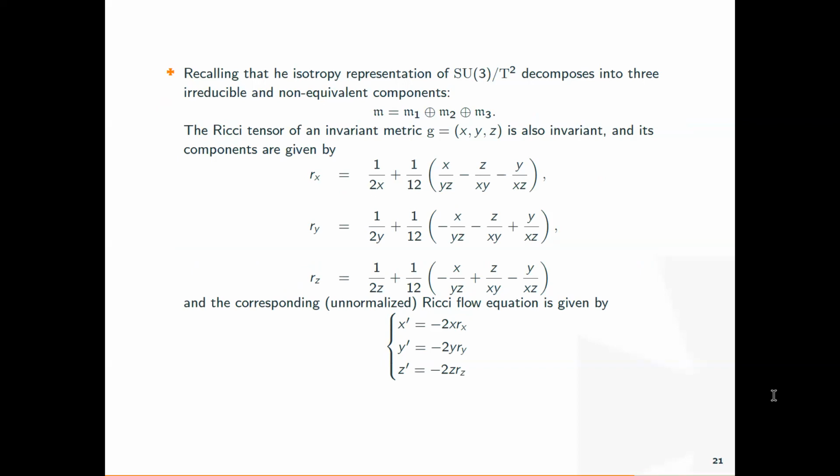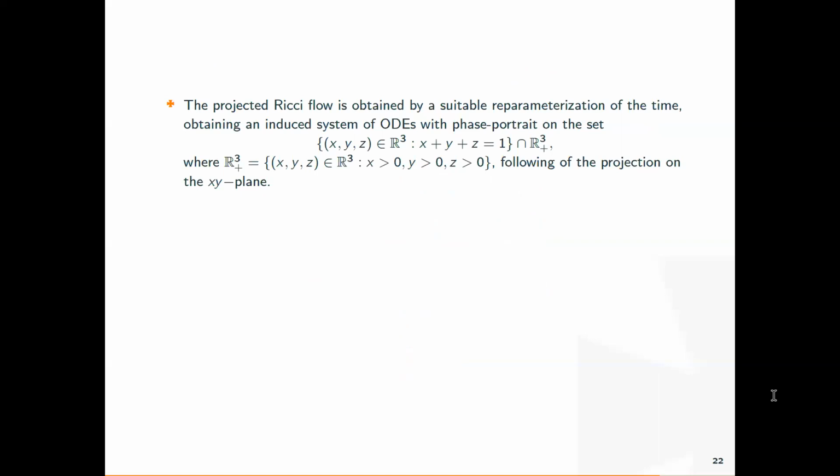So we are looking at a metric on the simplex, and we would like to understand: can we make a globally equivalent dynamical system on the plane by looking at the face of the tetrahedron? And that's possible to do. It's always possible to restrict the analysis to this face.